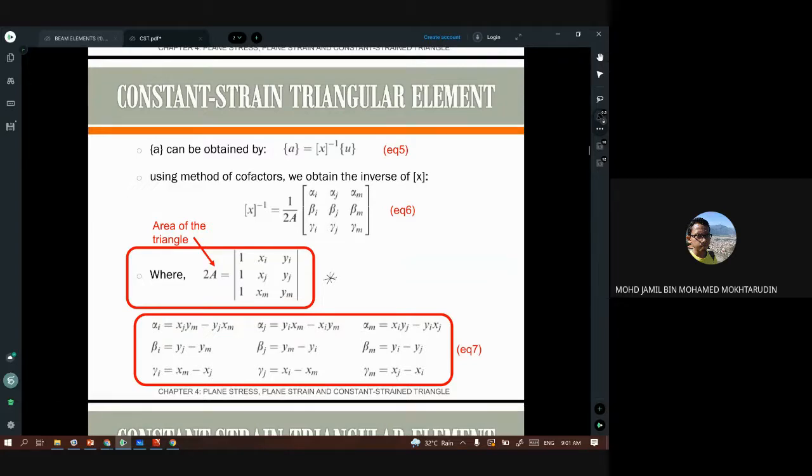Let's say you are given an irregular triangle whose area you cannot calculate directly, so you need to use this formula. X and Y here represent the coordinates of each node.